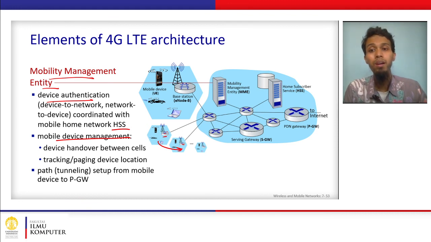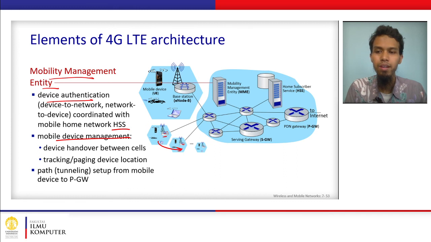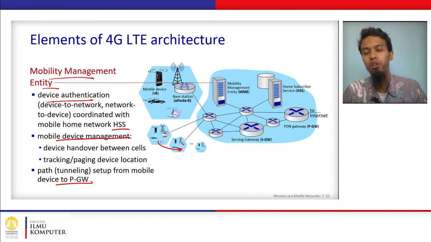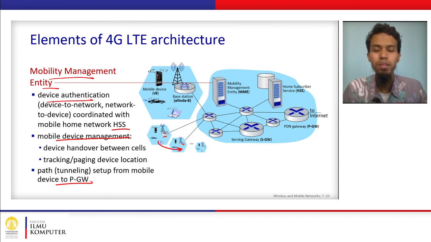So basically, to detect the current location of the mobile user or user equipment, LTE uses paging signals or tracking. And it also sets up the tunnel or path from the mobile device to the PDN gateway, or P gateway. Okay, so this is the central entity that sets up the tunneling.